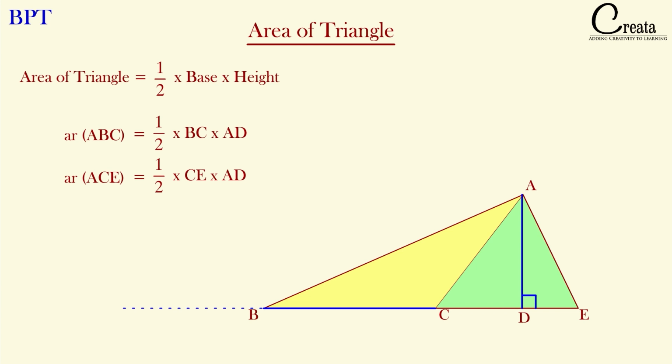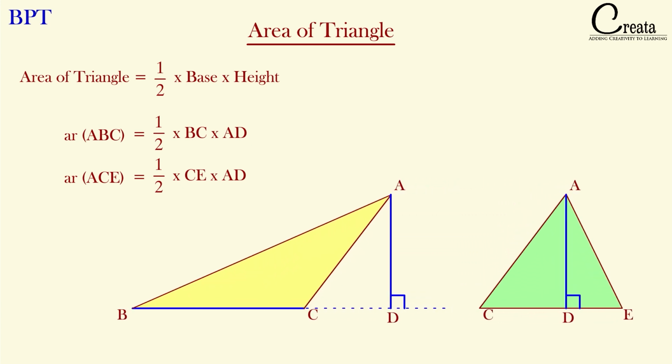For this triangle also, the perpendicular will be AD. So both of these triangles are sharing the common perpendicular. Area of triangle ABC is half into BC into AD. Area of triangle ACE is half into CE into AD. Got it? So we got one new concept, that is two triangles can share the common altitude or the perpendicular or the height. So if you know this concept, the concept of area of the triangle, the concept of base and concept of perpendicular, you can solve this theorem on your fingertips.